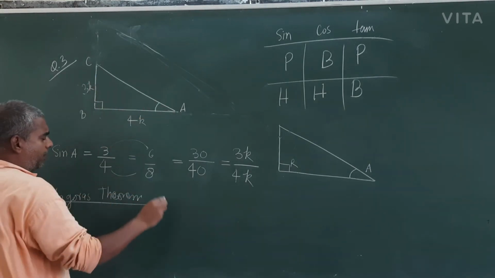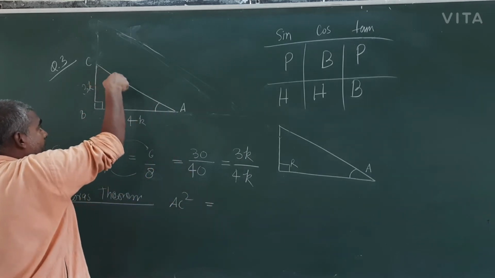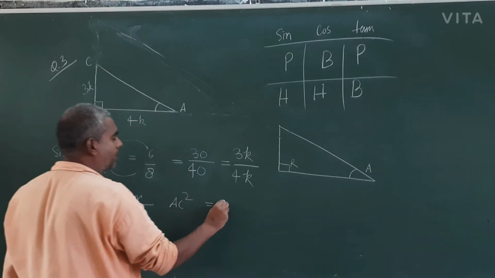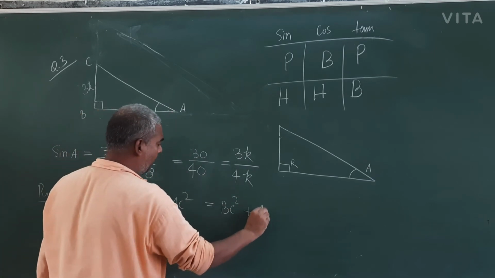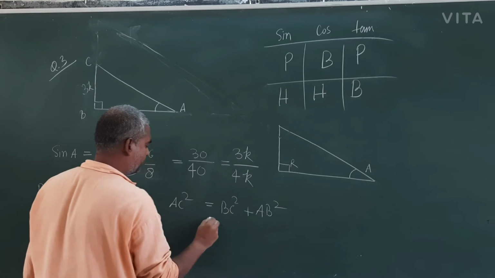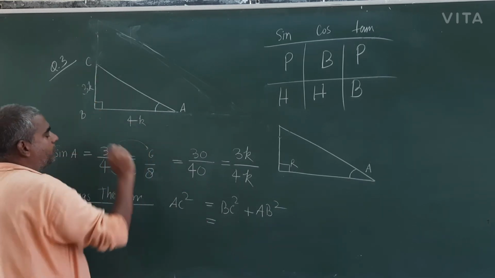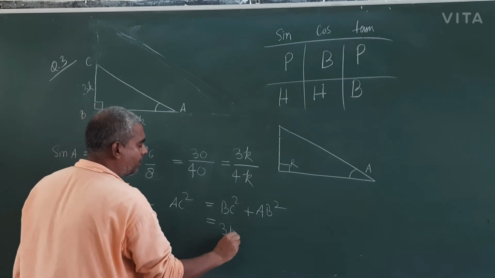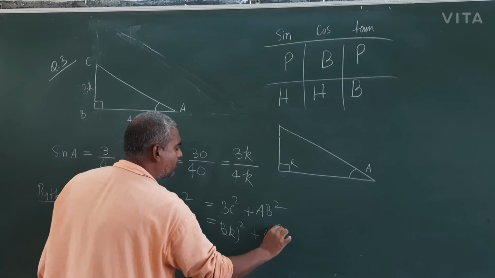So AC square is equal to, we have to find AC, is equal to BC square plus AB square. AC square is equal to 3k whole square plus 4k whole square.